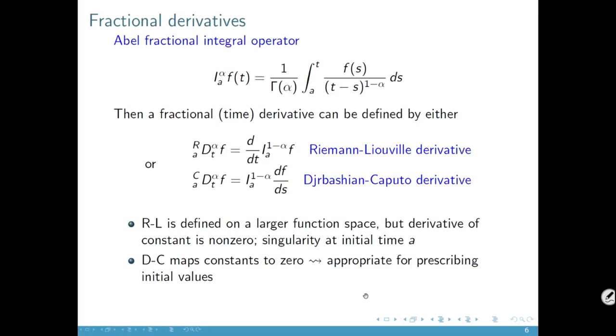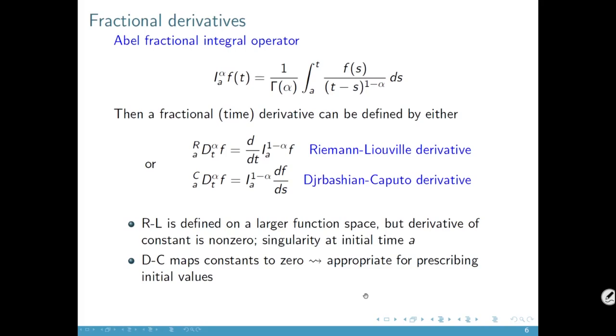But imposing initial conditions is a bit tricky with the Riemann-Liouville derivative. If you apply a fractional Riemann-Liouville derivative to a constant function, the outcome is not 0. The outcome is actually a function exhibiting a singularity at 0.